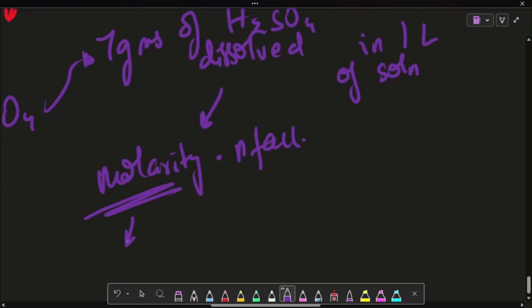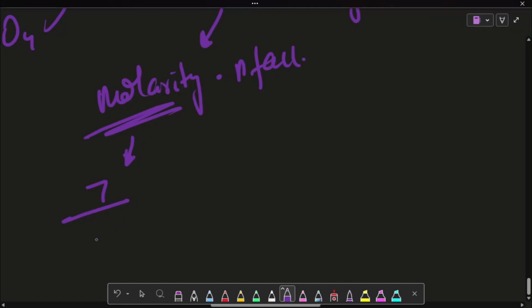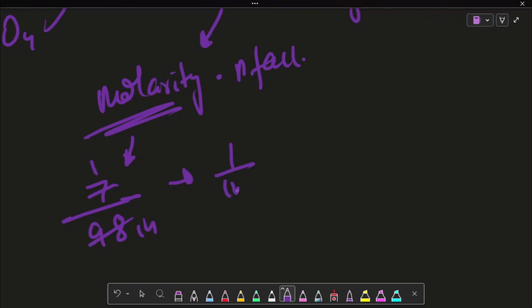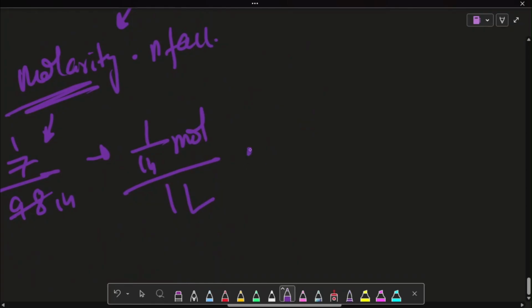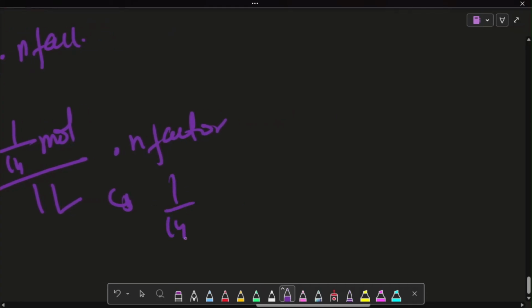The molarity would be nothing but 7 divided by 98, that would be 1 by 14 mole divided by 1 liter, times n factor, which would give you 1 by 14 times 2. It's nothing but 1 by 7.